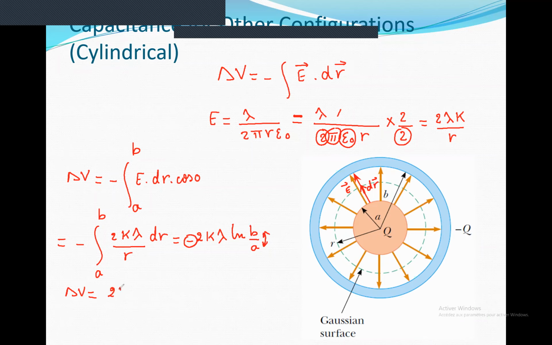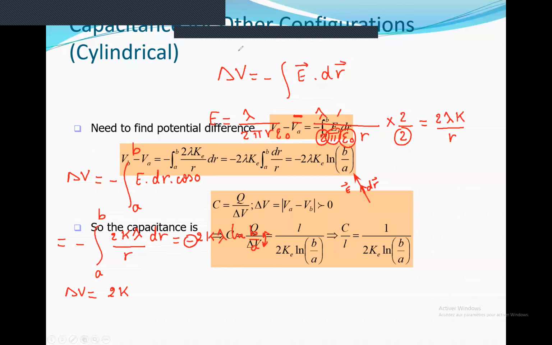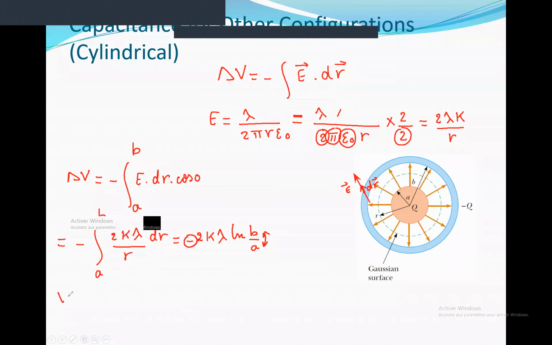2k. Anyway, here we can say delta V equals VB minus VA equals minus 2k lambda ln B divided by A. Delta V final equals the absolute value of VB minus VA.